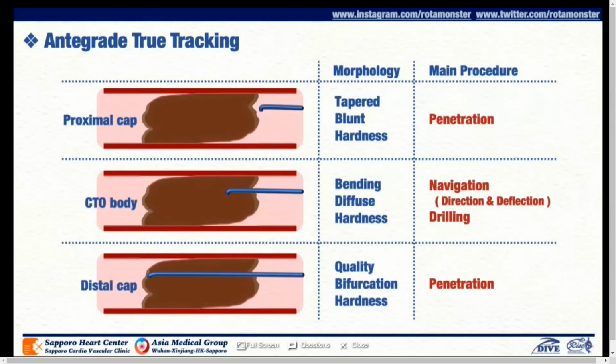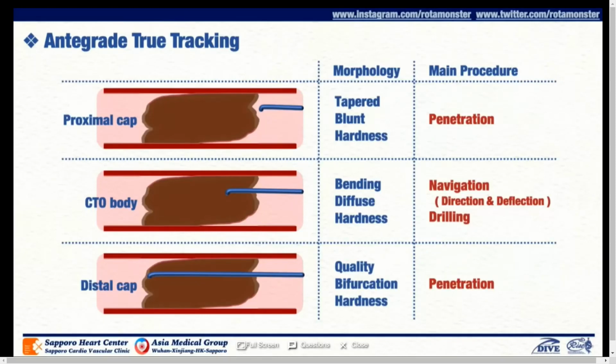In order to make an appropriate guide wire selection, it is first necessary to recognize what you want to do with that guide wire. In antegrade true tracking, what we need to do is actually quite simple.